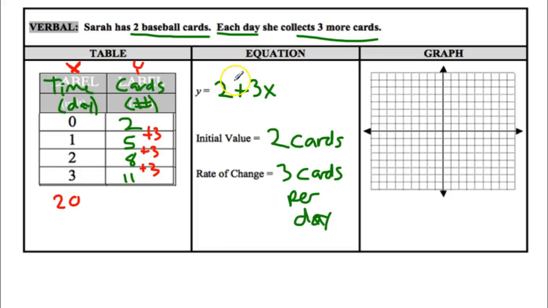But I can also use this equation that I have. If I wanted to find out, I can write y equals 2 plus 3x. I just said that the x is the days, and I want to do 20 days. So I can put the 20 in for the x. So I can write y equals 2 plus 3 times 20.